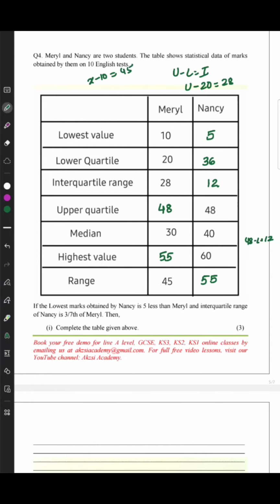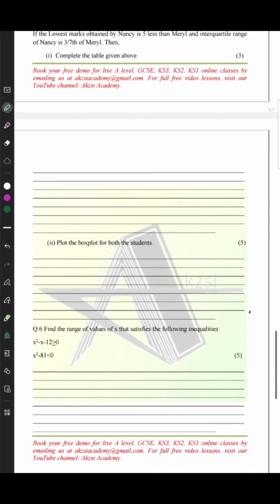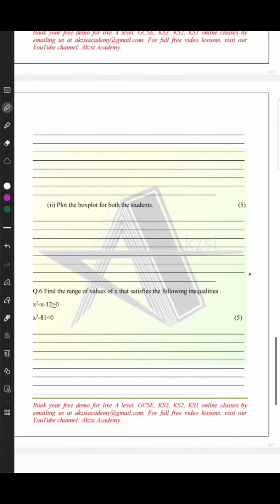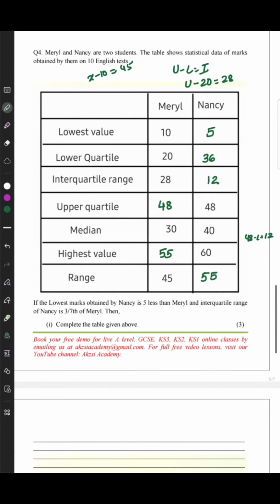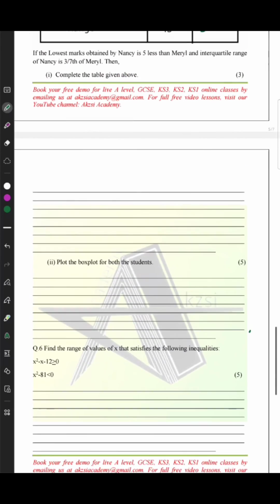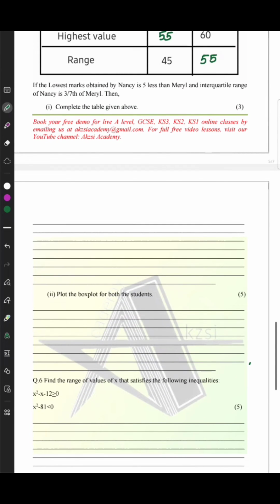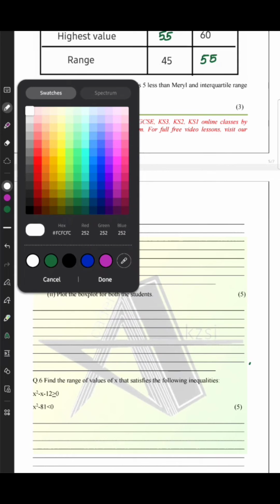Okay, so we are done with our whole calculation. Now the next part says plot the box plot for both the students. In order to plot the box plot, we first have to draw the scale. For Meryl, the minimum value is 10 and the highest value is 55. We can take a spacing of 5.